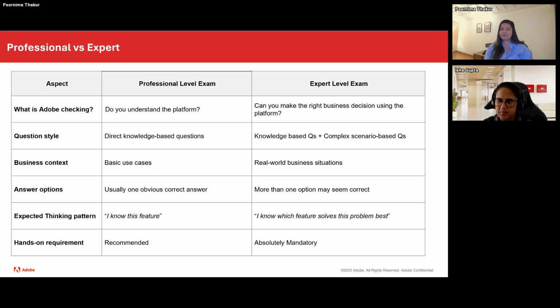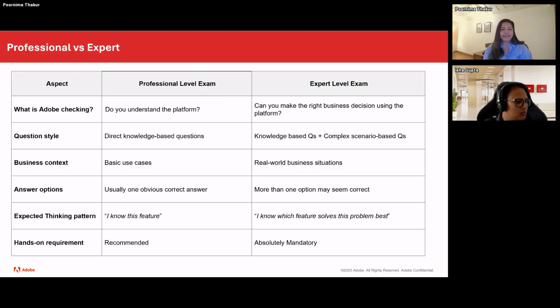I will come to this point when I show you some sample questions and examples of what I mean by that. But in short, choosing the correct option in expert is not as straightforward as you might think. Expected thinking pattern. A professional level exam would expect you to say, I know this feature. But an expert level exam would want you to say, I know which feature solves this problem the best, right?